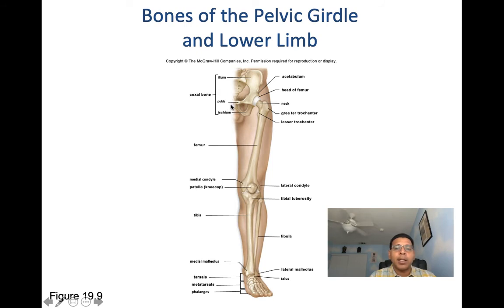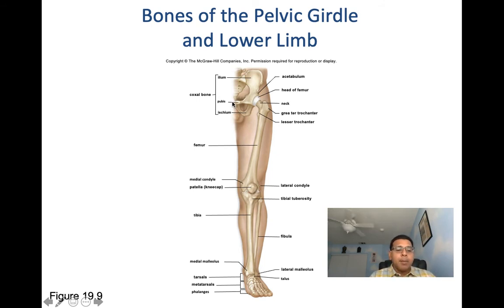Here you can see one of the coxal bones, and this part is the pubis bone, which articulates with the pubis bone of the next coxal bone. The pubic symphysis is found right here at the anterior aspect. The other coxal bone lies right inside here, and its pubis bone articulates with this one, with a disc of fibrocartilage in between them.